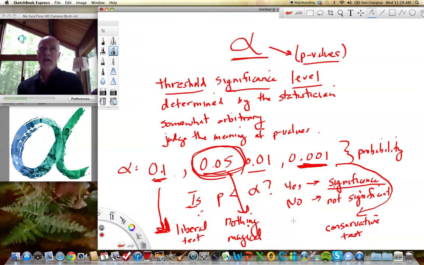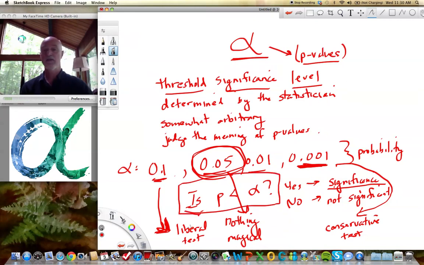But on the other hand, if the consequences of being wrong aren't that important, and in fact it's more important that we not miss a real difference, we might set alpha equal to 0.1. So it depends on the kind of test we're doing, whether you want to perform a liberal test or a conservative test.